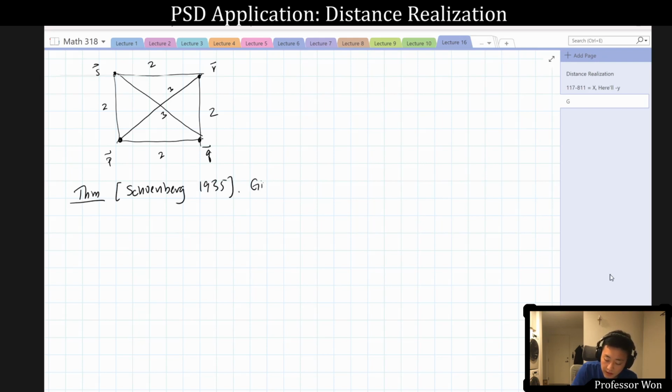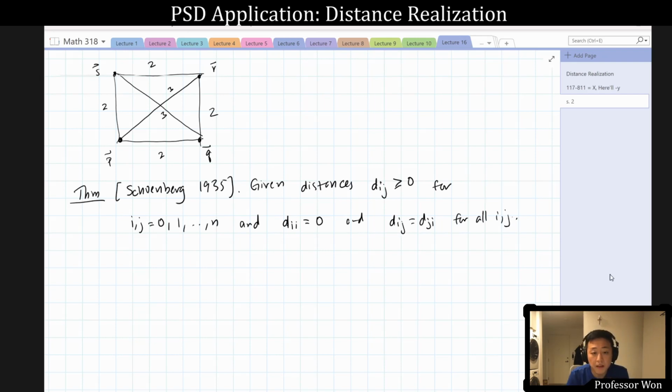So given some distances dij, they're distances, so they better be non-negative, for i, j ranging between 0, 1, up through n. So we'll start our indexing at 0 for this theorem for some reason. And certainly I want each dii to be 0, and dij equal dji for all i, j.